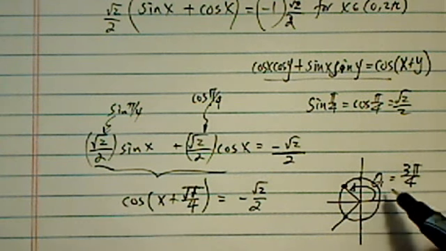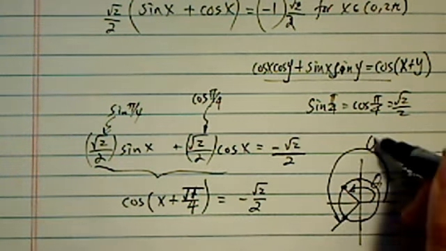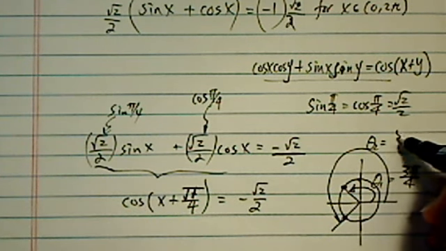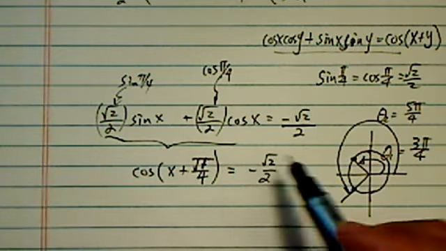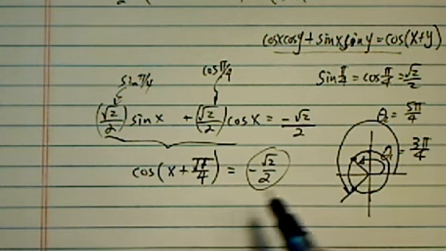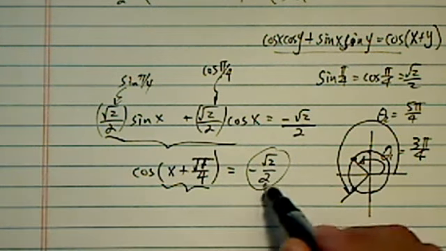Then another bigger angle goes all the way around here. Let's call it theta 2. This one is 5 pi over 4. Once we have those two thetas, we have the angles and the value.